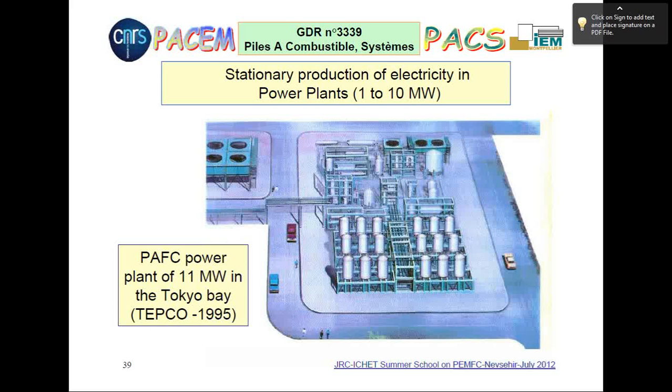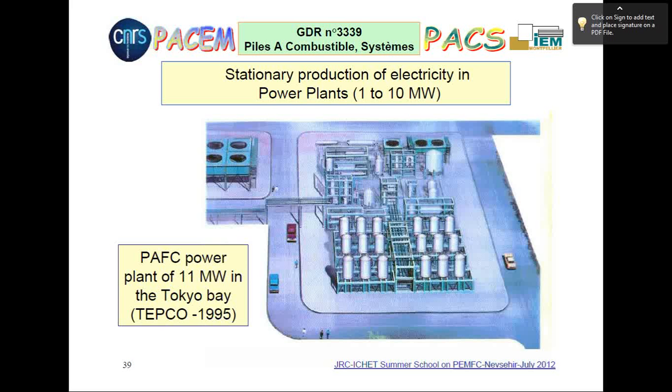Yes, TEPCO, they own the Fukushima nuclear power plant. Fifteen, 20 years ago, they experimented with a phosphoric acid fuel cell power plant of 11 megawatt. That is a schematic of this power plant. I think that's the biggest experiment.